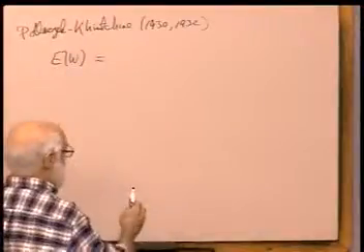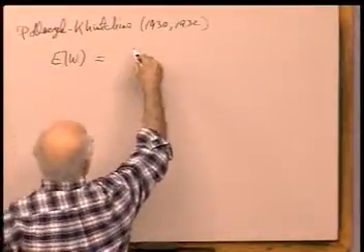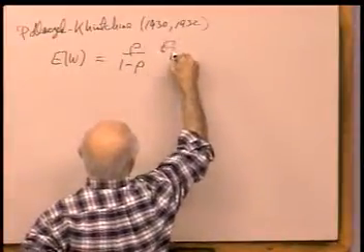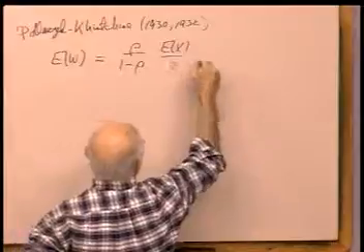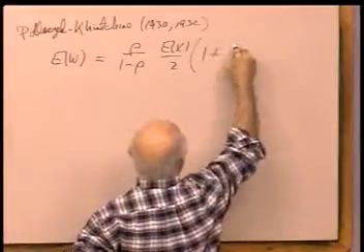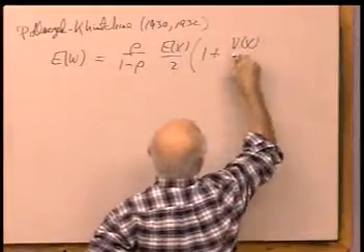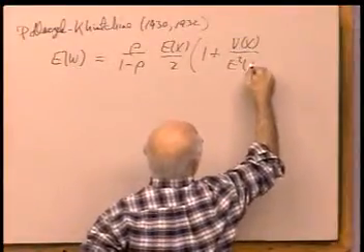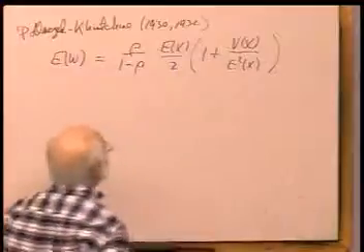Okay, so what is the formula for the average waiting time? It's given by rho over 1 minus rho times the average service time over 2 times 1 plus the variance of the service time distribution divided by the square of the average service time.